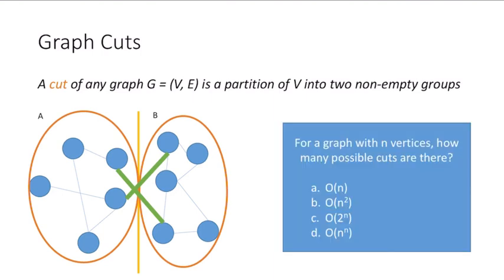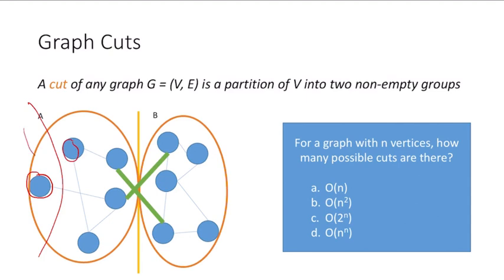A good place to start, to make sure that the graph cut makes sense, is with this question: for a graph with n vertices, how many possible cuts can you create? Some of these answers are easier to eliminate than others. So for example, for this graph, I could single out this vertex, and that's one cut.